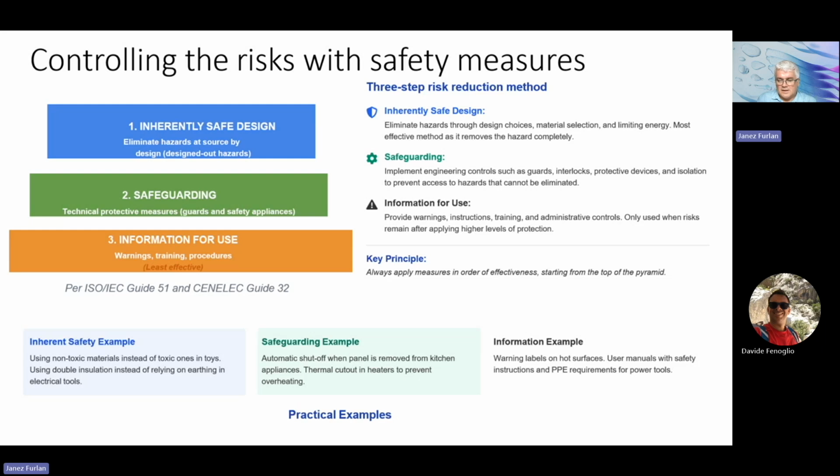Last but not least, the last step is information for use, which can only be applied when the first and the second options are exhausted.